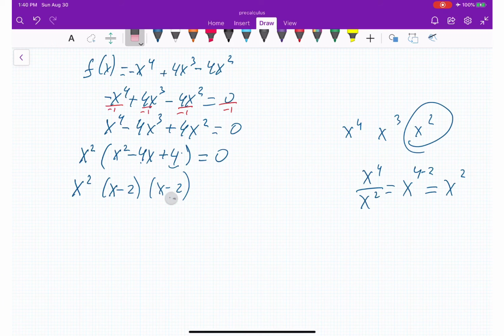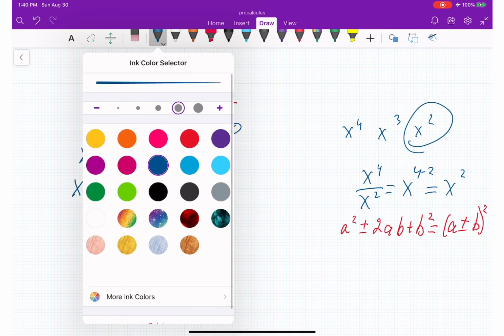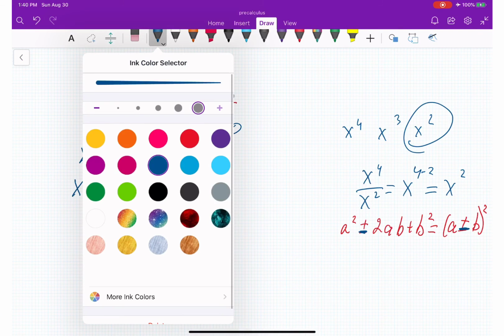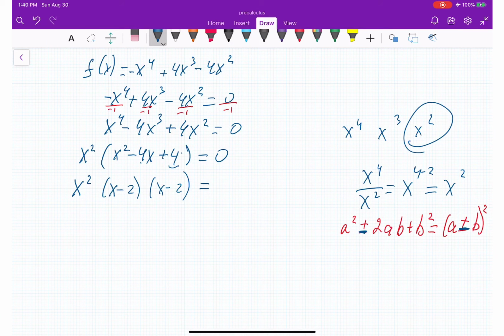The other way, you can use the perfect square formula: a squared plus minus 2ab plus b squared is equal to a plus minus b squared. And I put negative here. That is going to be equal to 0.